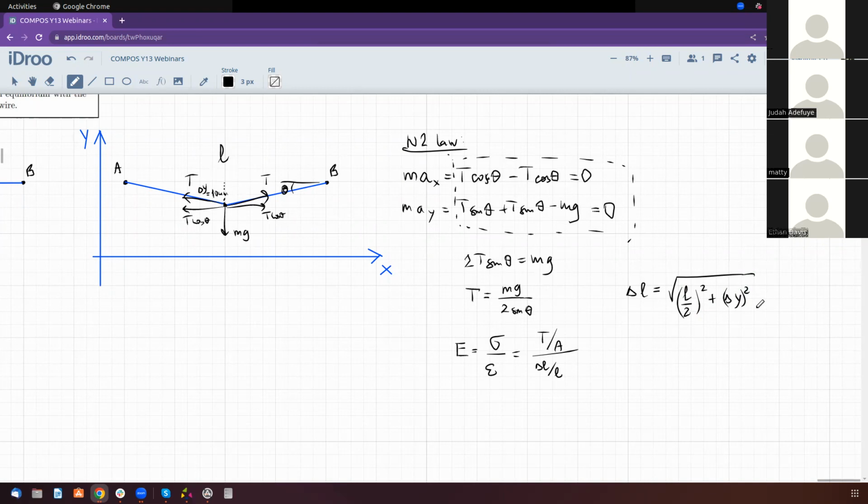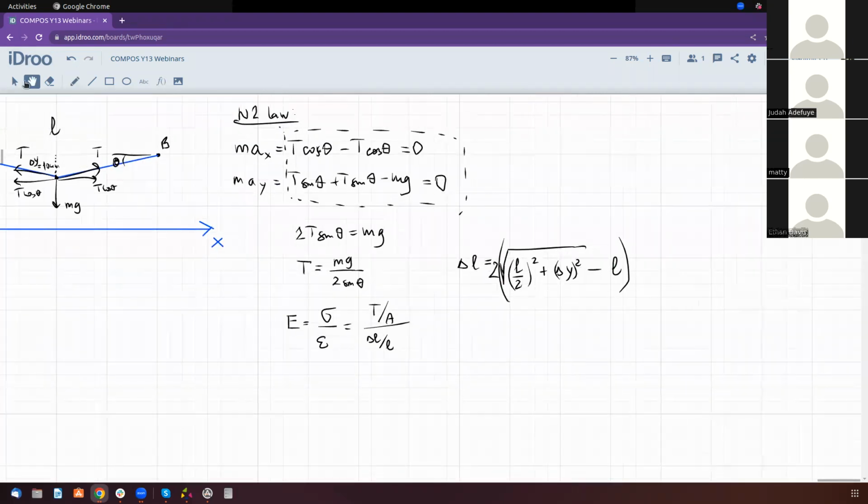I'm using Pythagoras' theorem here, and it's double that, minus L. Gosh, that looks horrible. Okay, let's do it properly.